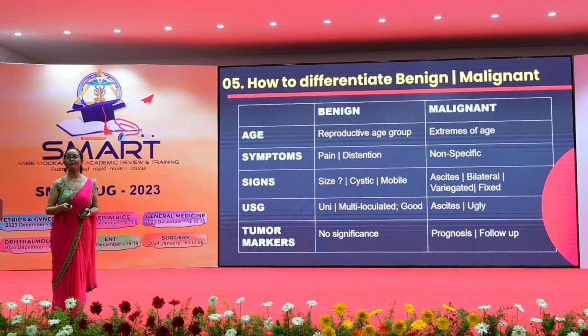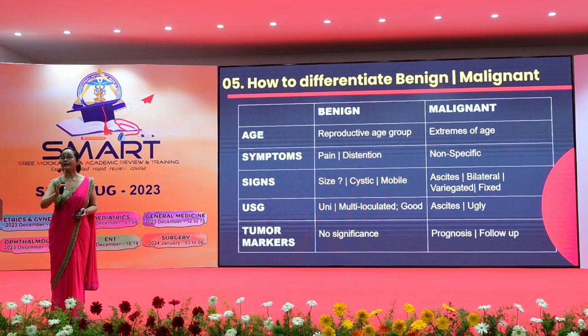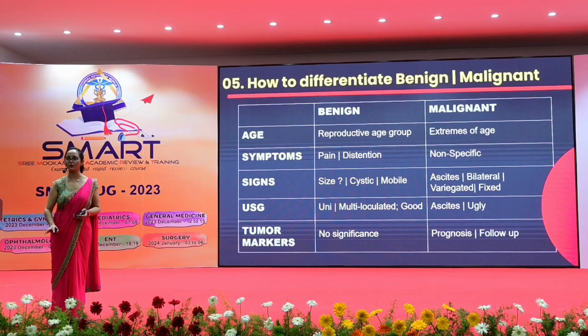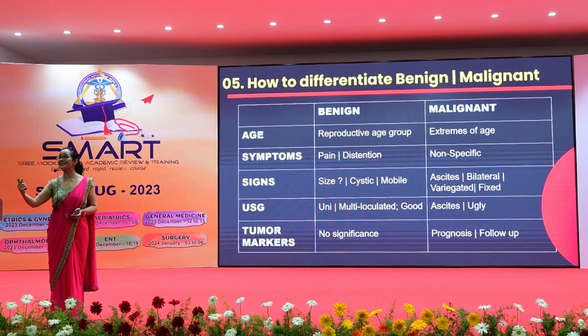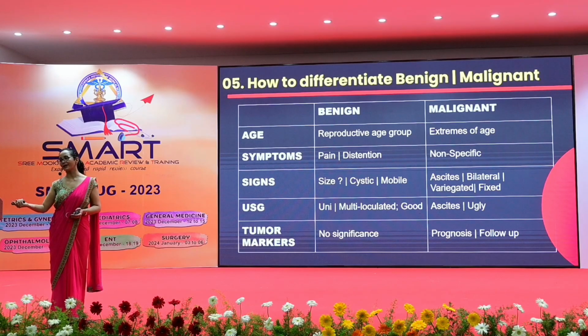So one of the very important discussions is how CA125 helps in diagnosing. It does not help in diagnosis. We do not make any diagnosis based on CA125 or any other tumor marker for that matter for adnexal masses. So the importance is only two. It helps in prognosticating the disease and for follow-up. So CA125, what is the normal CA125?